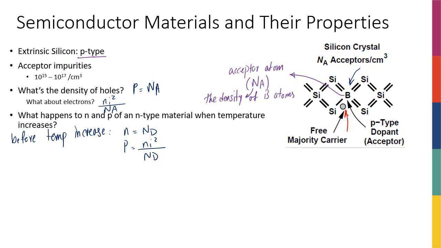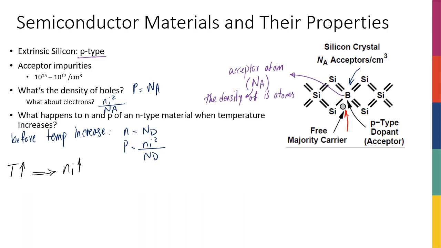So it means that when T goes up, my Ni increases. So the number of free electrons that are there because of the temperature increases, like the number of free electrons that could have been there even if this was a pure silicon crystal, right?